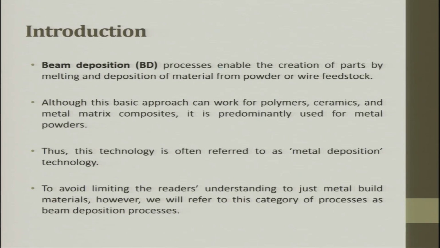Beam deposition process enables the creation of a part by melting and deposition of material from powder or wire feedstock. So, you can use a powder or you can use a wire feedstock. In a crude sense, if you have a wire, when you heat the wire, it melts and changes into small droplets.